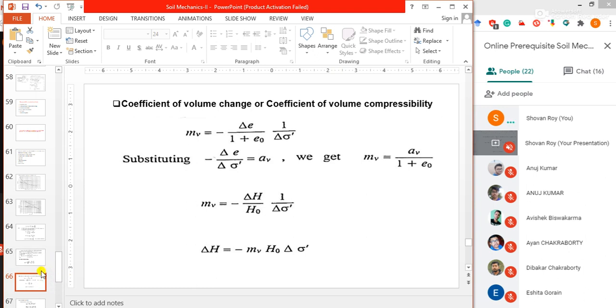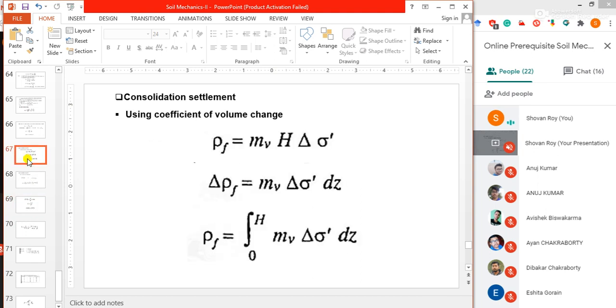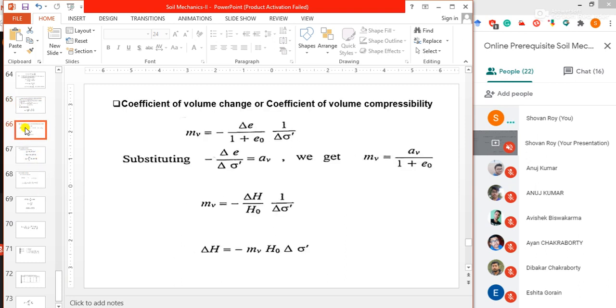After the coefficient of compressibility, what is the coefficient of volume change? The coefficient of volume change can be defined as the change in volume of a soil per unit of initial volume due to a given unit increase in the pressure.